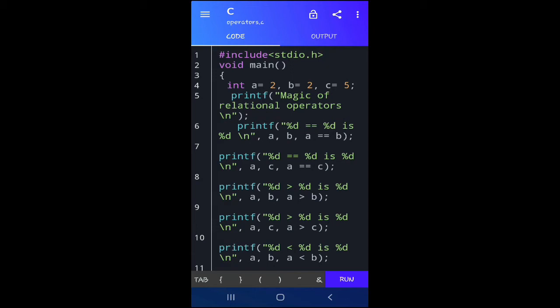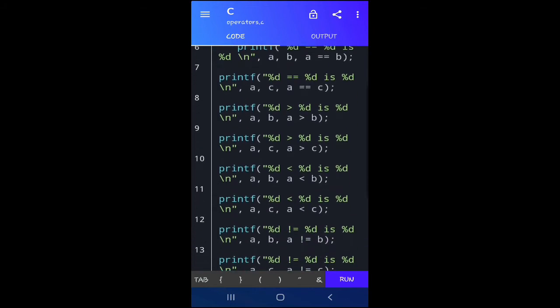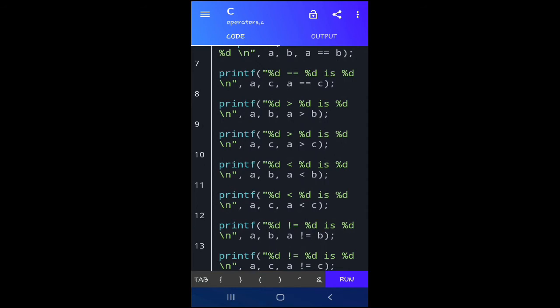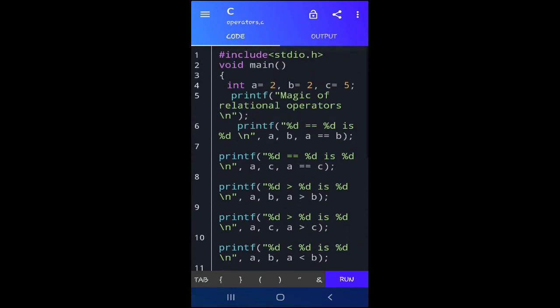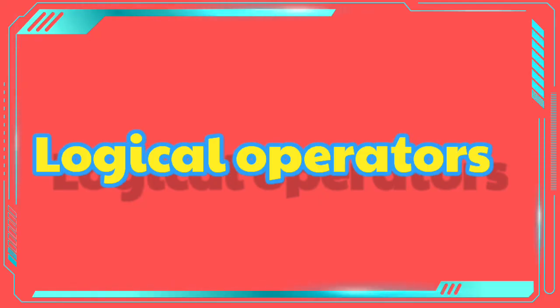As we have seen the simplest program for the relational operators, let us also see the simplest example program for our logical operators. Okay guys, before getting into the example program, let me tell you what the logical operators are.